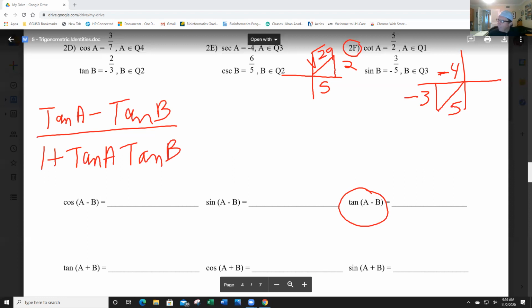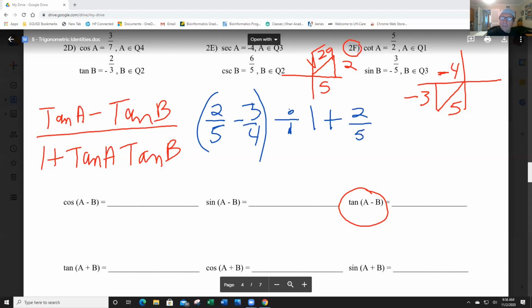So you end up with 2 fifths, this is the numerator, minus 3 fourths, divided by 1 plus 2 fifths times 3 fourths. All you had to know is the tangent on this, and you can see opposite over adjacent is 2 fifths on the first one and 3 fourths on the second one.